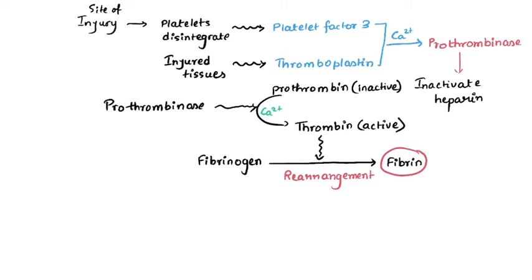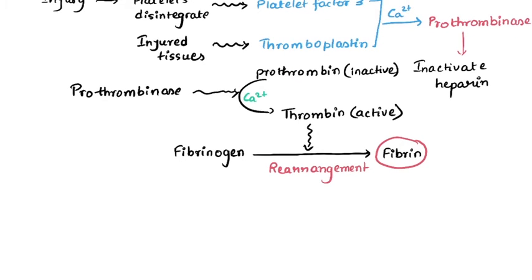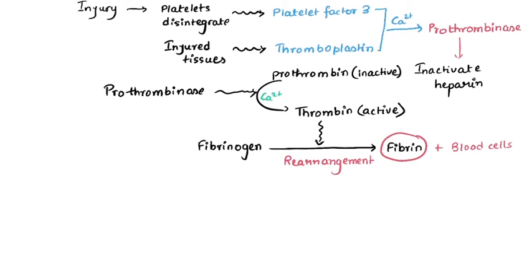Now this fibrin, along with some blood cells, forms that mesh-like structure.